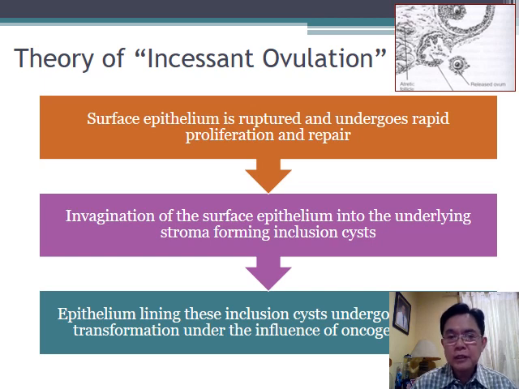They are commonly called your germinal inclusion cysts. And during this process, the epithelium lining this inclusion cyst undergoes transformation under the influence of oncogenes, transformation into a malignant process.